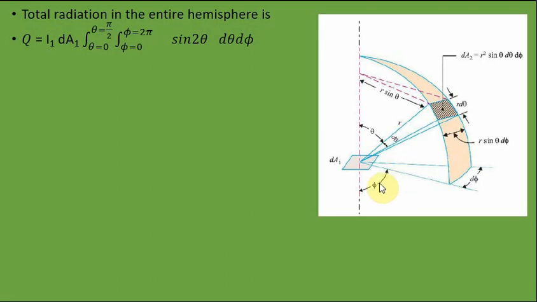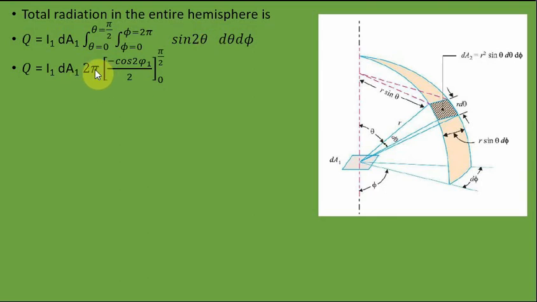So phi will be 0 to 2 pi, the entire circle, whereas theta will be from 0 to pi by 2 only. So if you integrate it, geometrically we will get a hemisphere. This is the equation that we are going to integrate in order to get the total black body radiation.